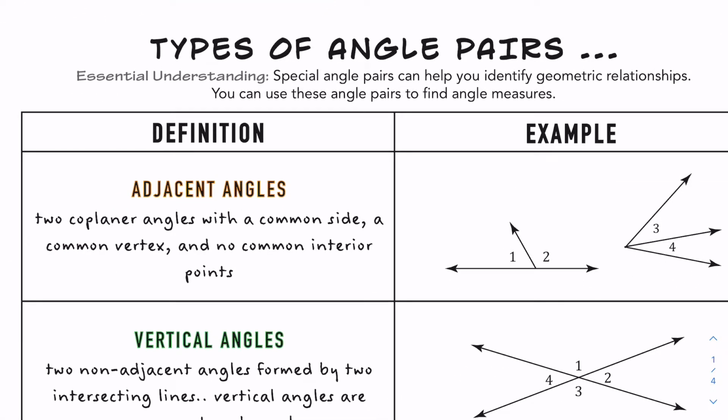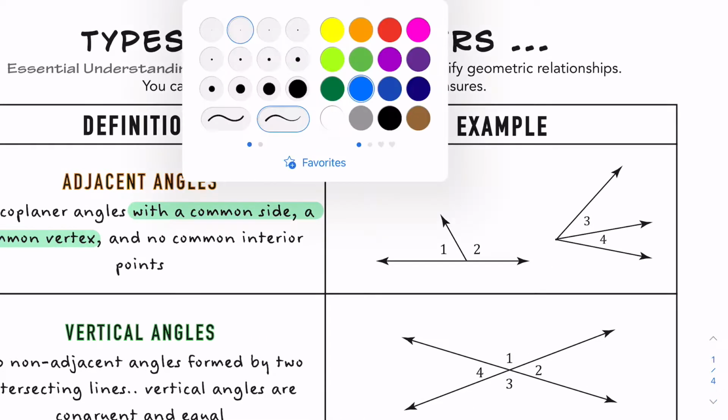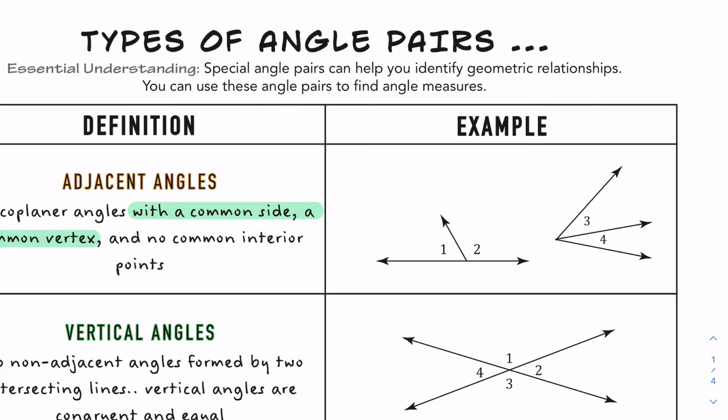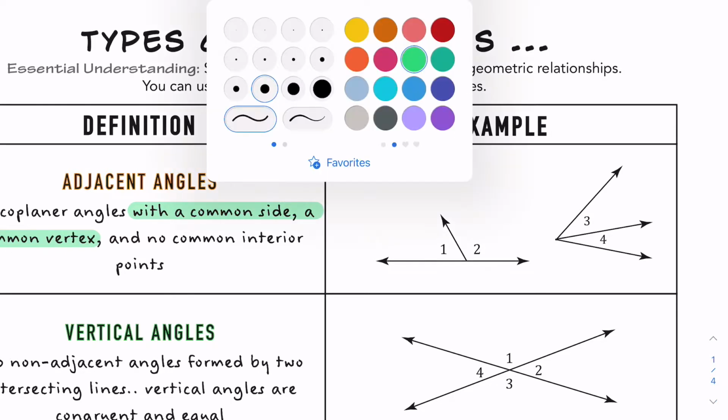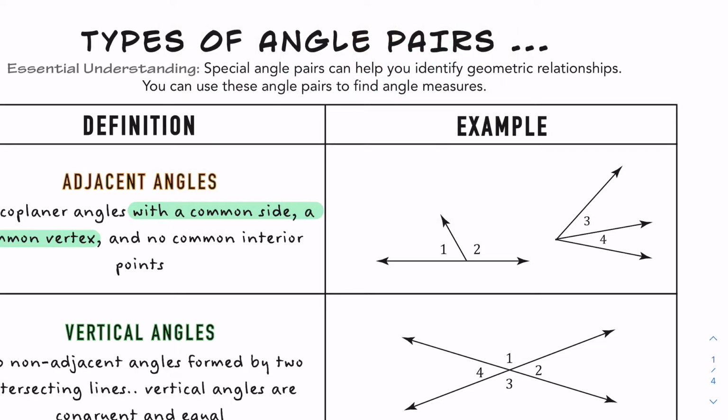Adjacent angles are two coplanar angles with a common side, a common vertex, and no common interior points. If we look at the example here, with angles 1 and 2, this is our common side.